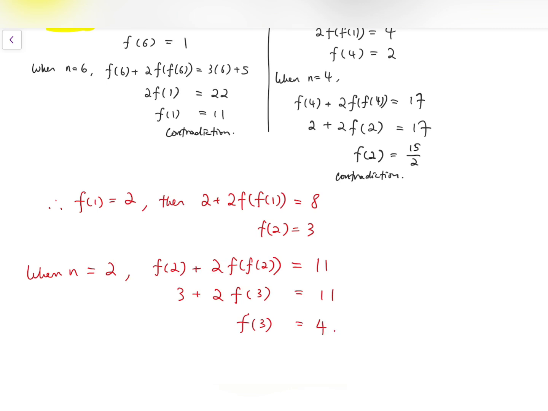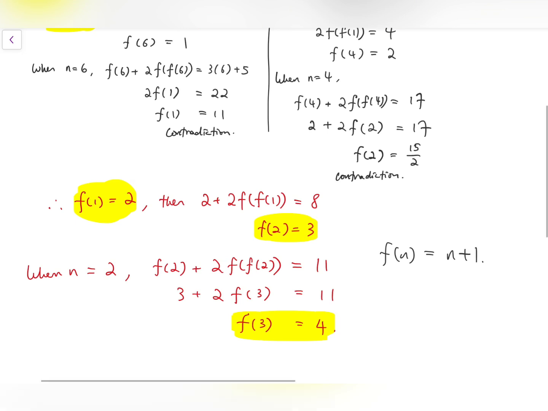So now we have 3 values obtained, and still no contradiction at this point. When we put 1, we get 2. When we put 2, we get 3. When we put 3, we get 4. So you might want f of n equals n plus 1 to be a valid solution.